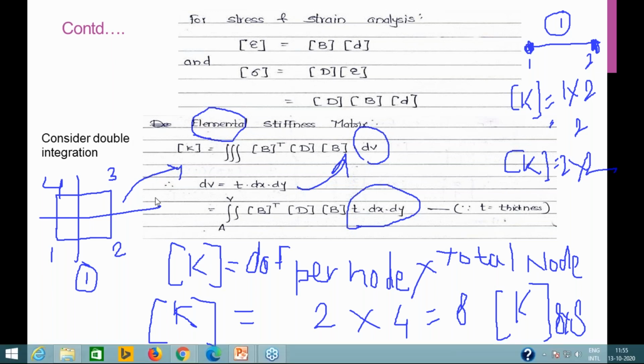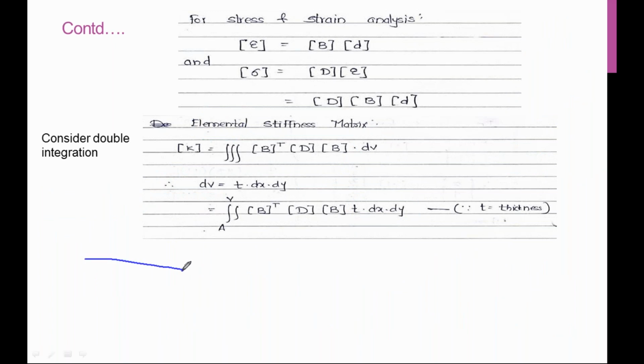Now see, suppose second case. Now this bar element has 3 nodes, 1, 2, 3, and this one is the first element, this one is the second element. Now Bharat, you are saying 3 by 3 matrix. Now what is the size of the elemental stiffness matrix?